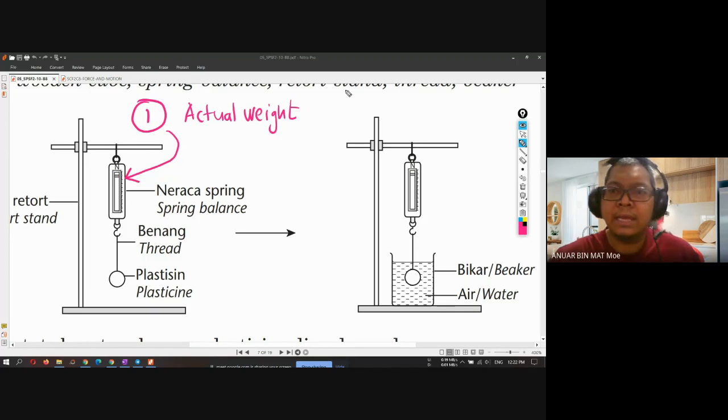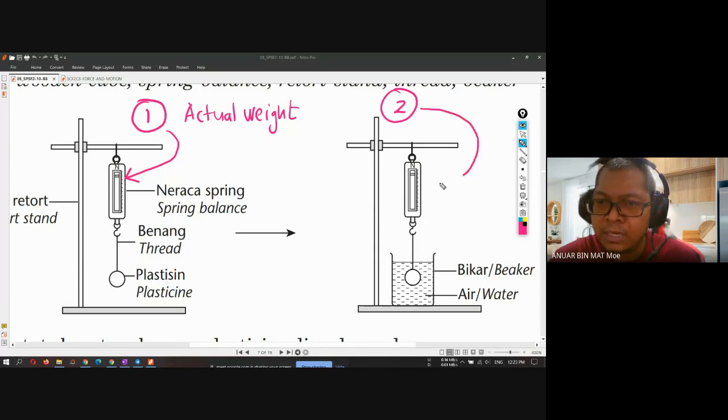And then step number two, same apparatus. You use the same object, tie it to the spring balance, and then you take the second measurement when you put the object inside the water, submerged.